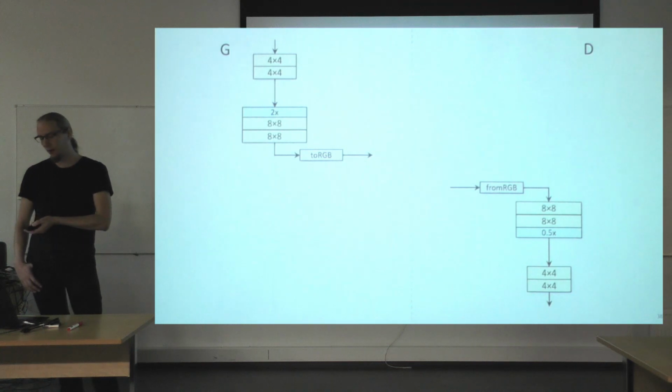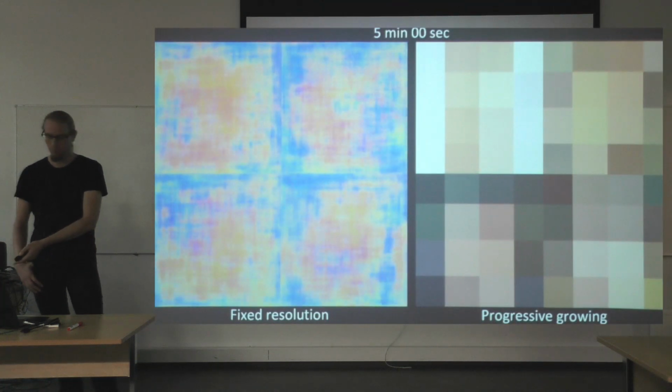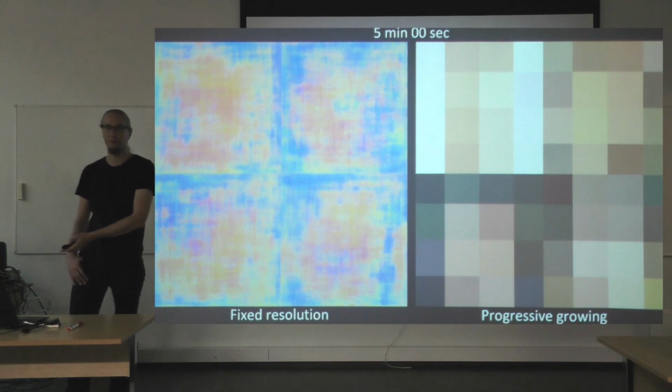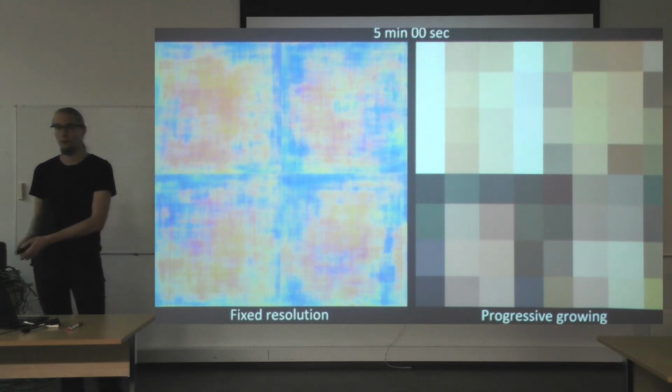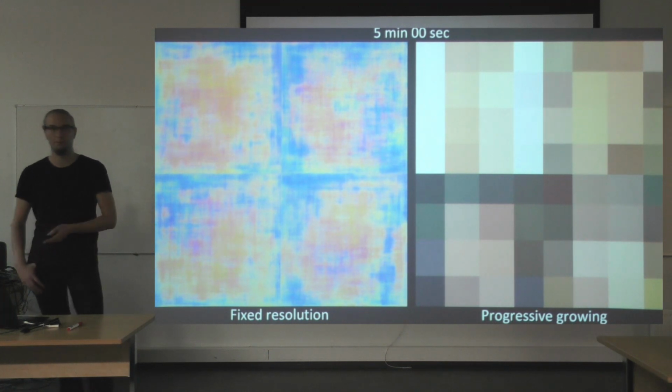Let's take a look at how the training behaves with and without this kind of growing. So on the left we have a traditional fixed resolution training scheme where the generator is outputting 1K by 1K images all the way through. And on the right we have progressive growing.